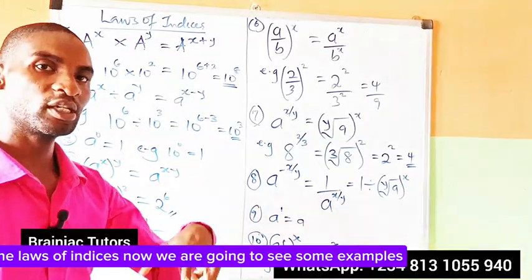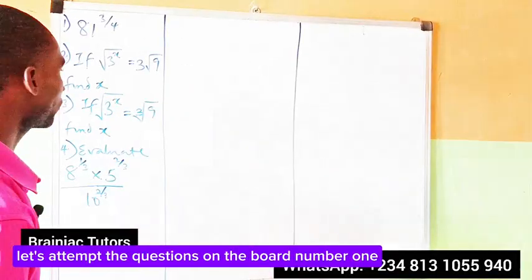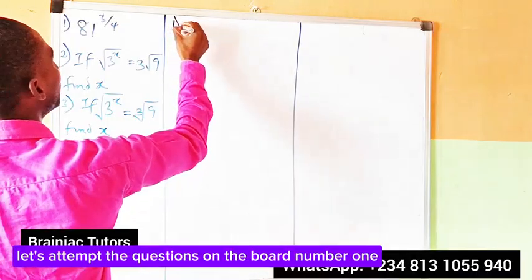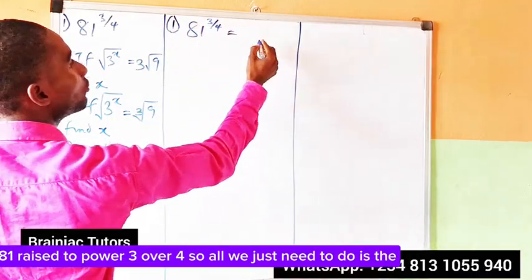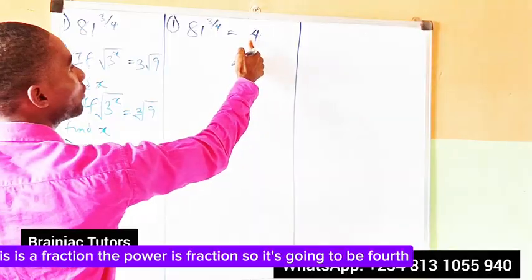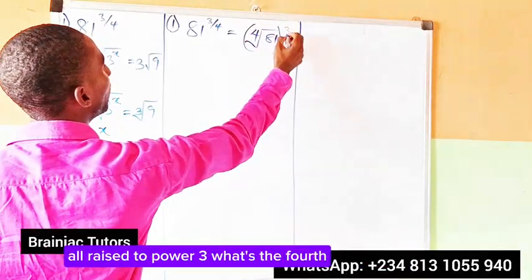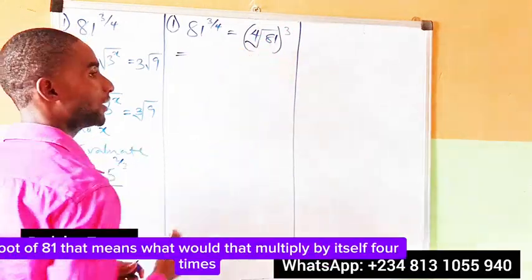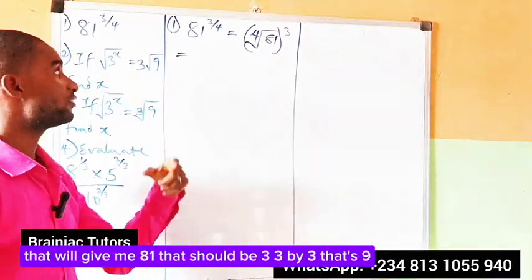Now we are going to see some examples. We solve some questions. Let's attempt the questions on the board. Number 1, 81 raised to power 3 over 4. So all we just need to do is, the power is a fraction, so it's going to be the 4th root of 81 all raised to power 3. What's the 4th root of 81? That means what will that multiply by itself 4 times that will give me 81?